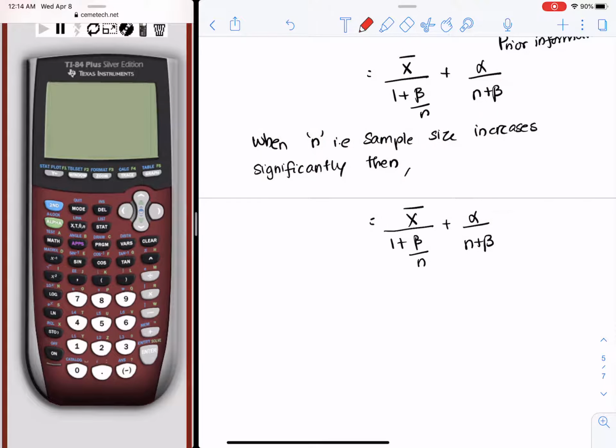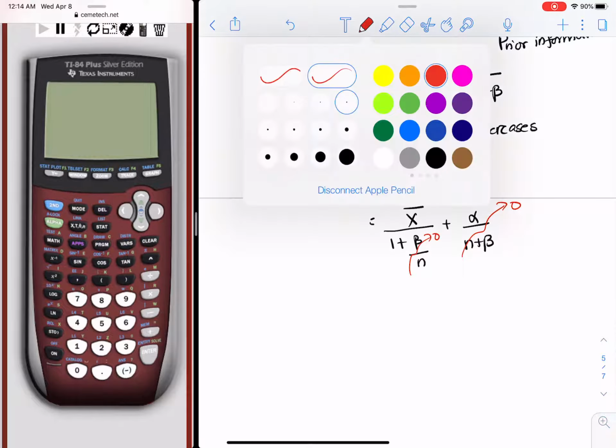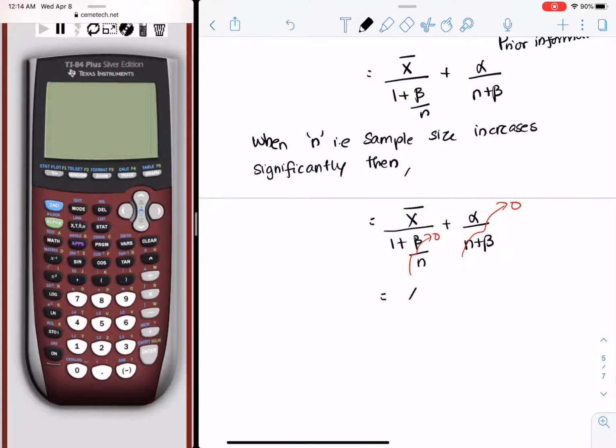As n gets larger and larger, that term would go towards 0, and that term would go towards 0, and we would simply end up having x bar over 1 approximately, which is x bar.